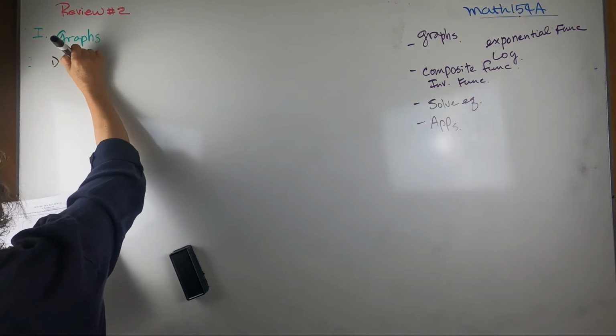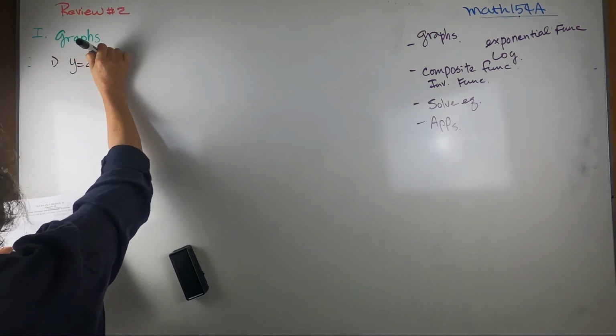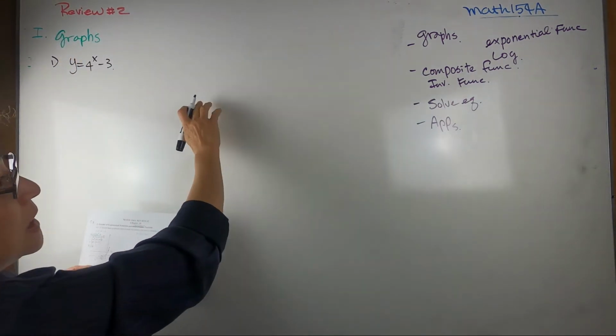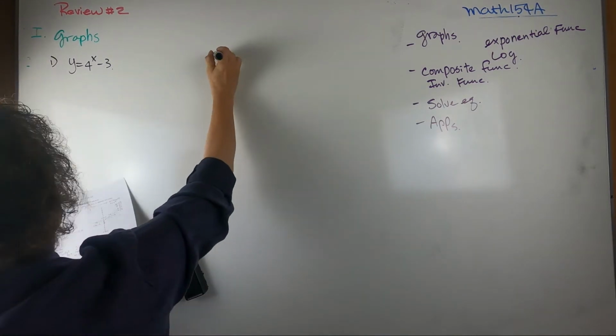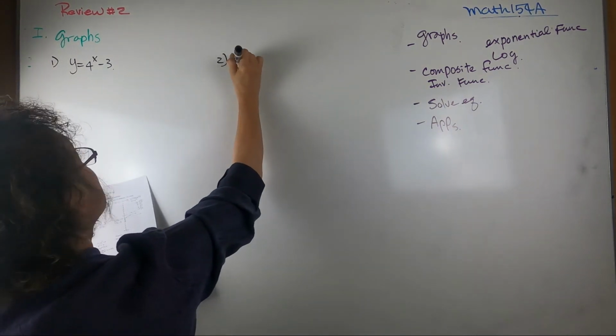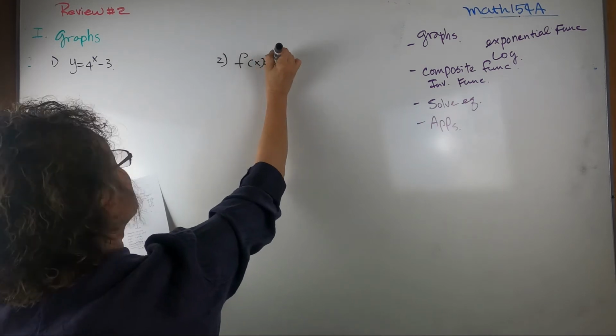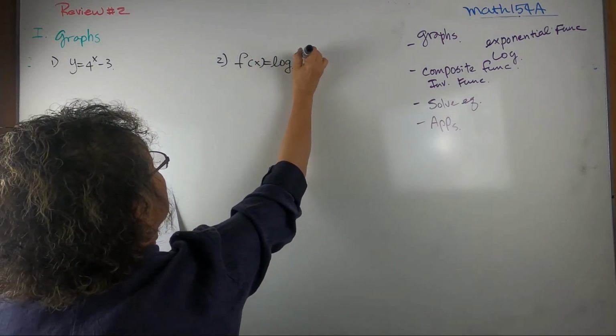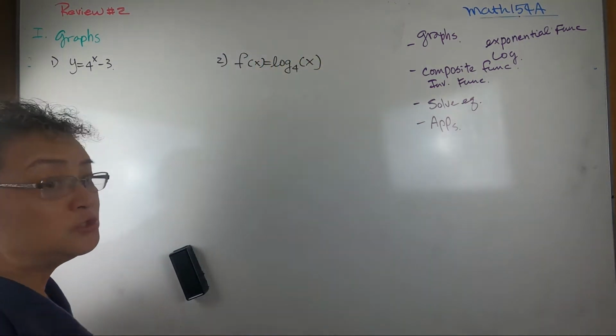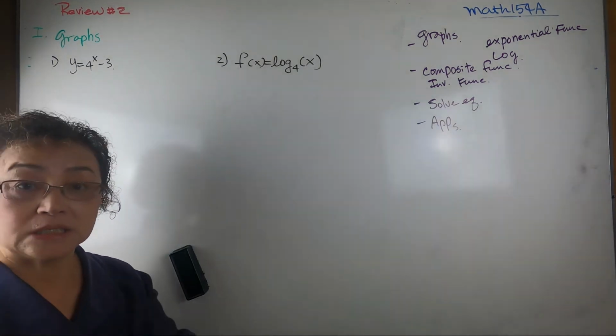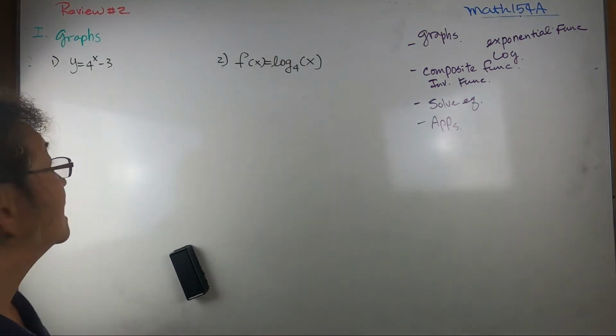So if we have y equals 4 to the x minus 3, one is what? Exponential function. Another one is f of x equals log base 4, instead of base 2 we had in the class, right?